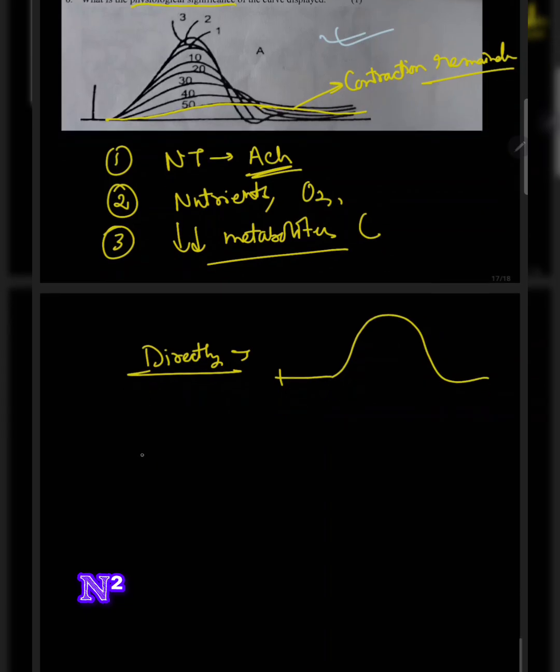So this was the curve when we stimulate the muscle directly. If we stimulate the nerve directly, then also we are able to get a simple muscle twitch, and a nerve is practically unfatigable. Always it is regenerating the signals. It's an electrical conducting pathway only. So what could be the problem?